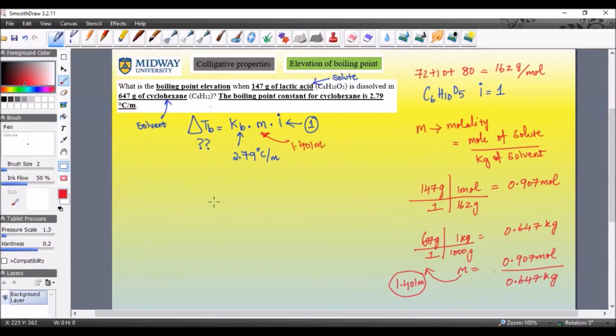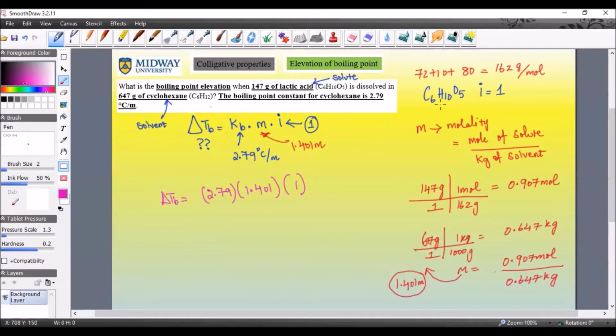We can solve for the elevation of boiling point. Let's get a different color. So delta TB equals KB, which is 2.79, times your molality, 1.401, times your Van't Hoff factor, which is 1. Like I said, if the compound is not ionic, and what constitutes ionic? It has to be a metal and a non-metal.